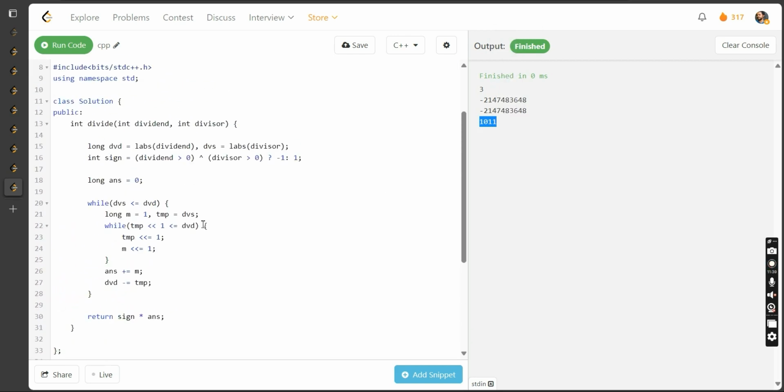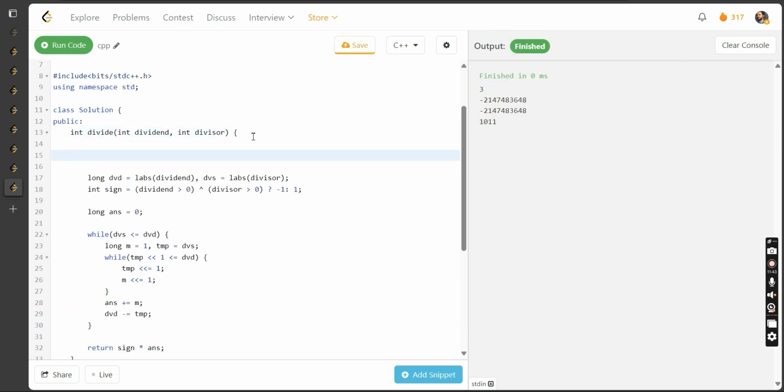So that's the only case which came as an edge case: when dividend equals int min and divisor equals -1, return int max. This is kind of a ceiling, a fake answer, because it's problem specific.